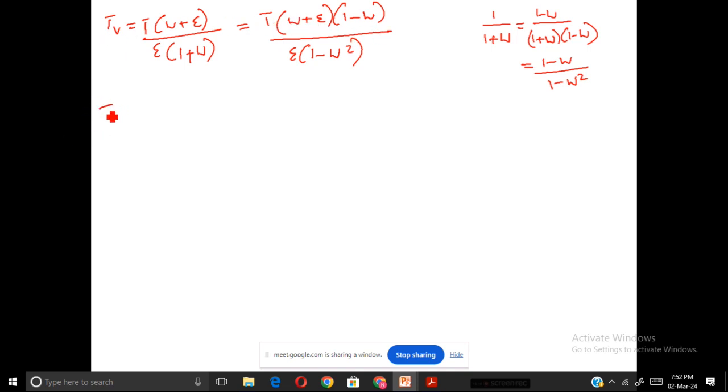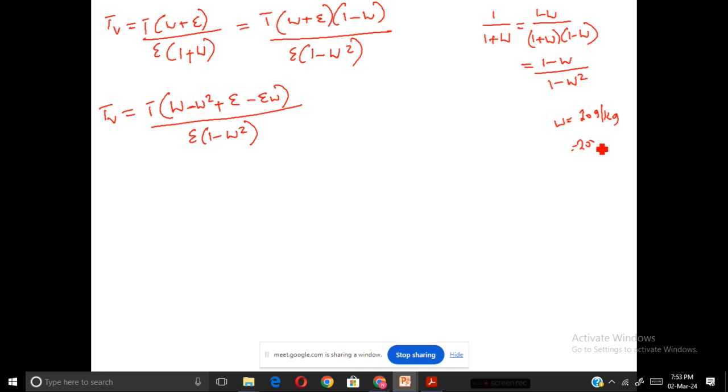Now if we expand the brackets, we will get T into W minus W square plus epsilon minus epsilon W by epsilon into 1 minus W square. If you remember, the value of W is very small. Suppose it is 20 gram per kilogram, it's basically 20 into 10 raised to minus 3 kilogram per kilogram.